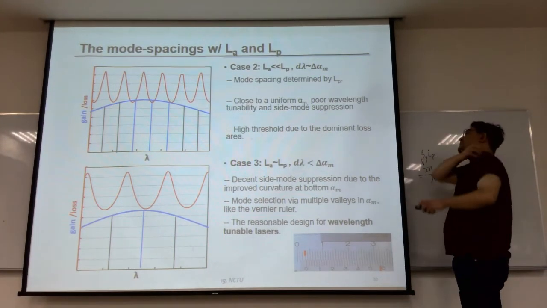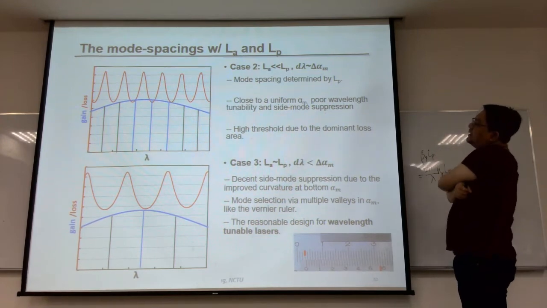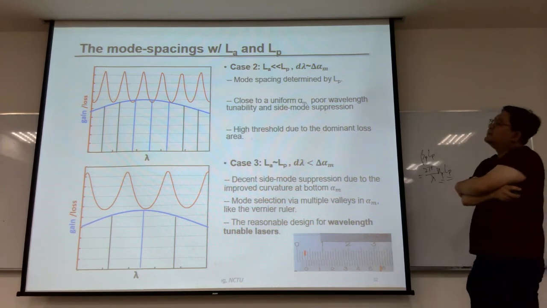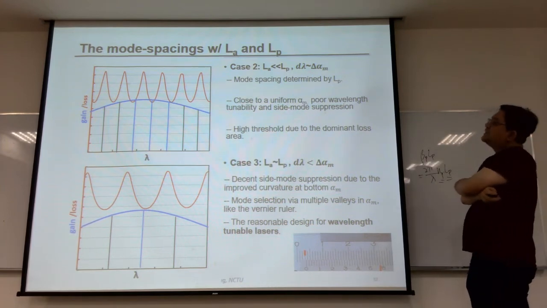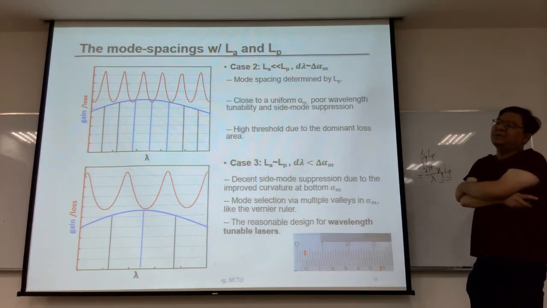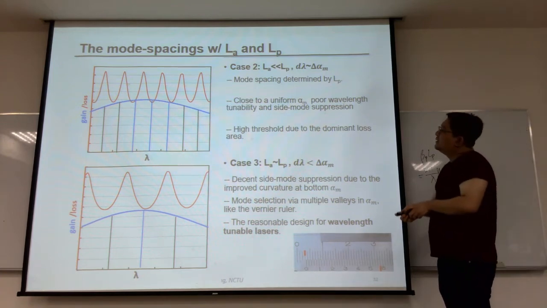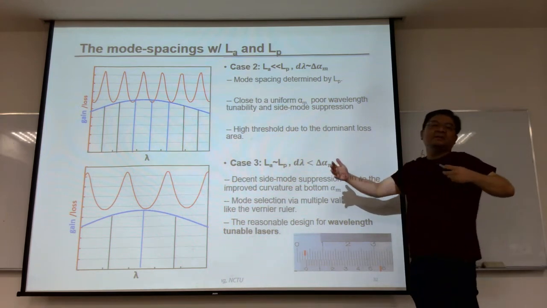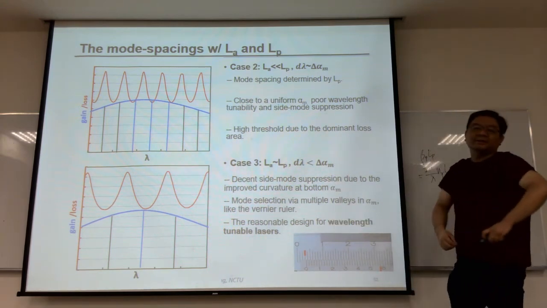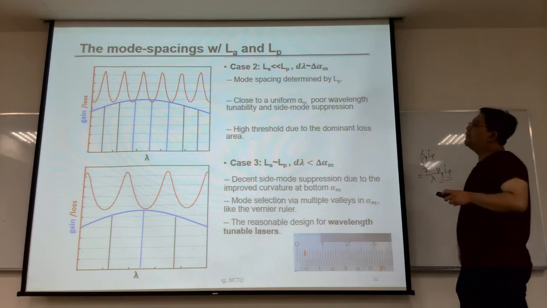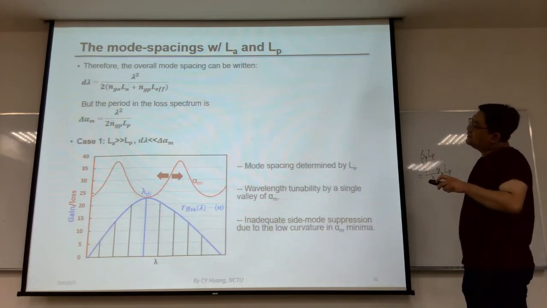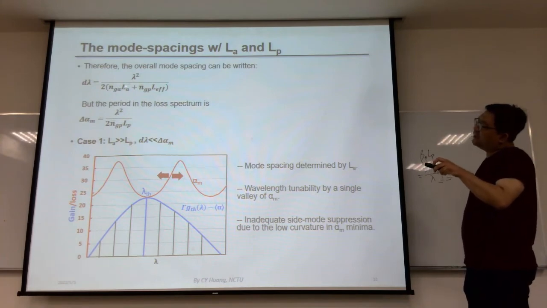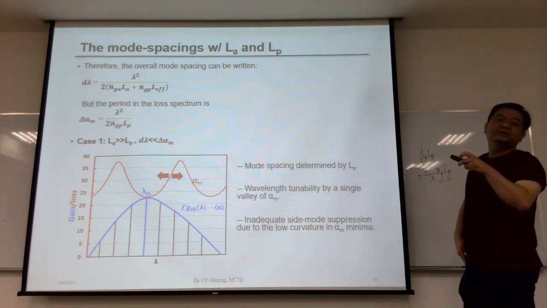Alright, so let's consider some scenarios between the different lengths of the active region and the passive region. In the extreme case, your LP, the passive region, is much longer than the LA. So when LP is much longer than LA, that means the LA is probably not so important.